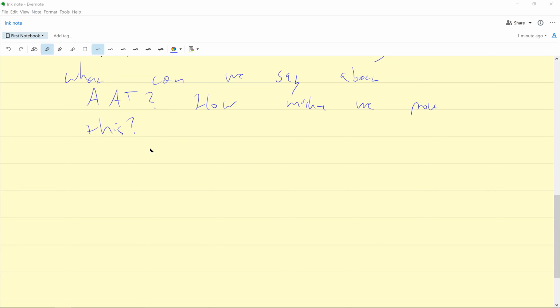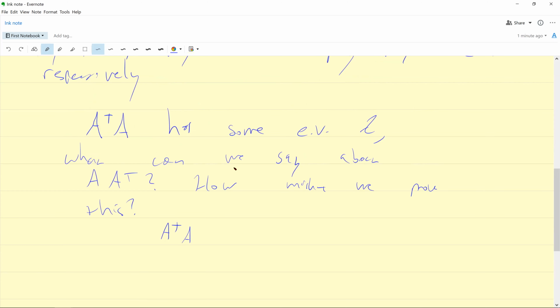Then we can say that A transpose A times some vector V is equal to lambda V. Let's start this way.